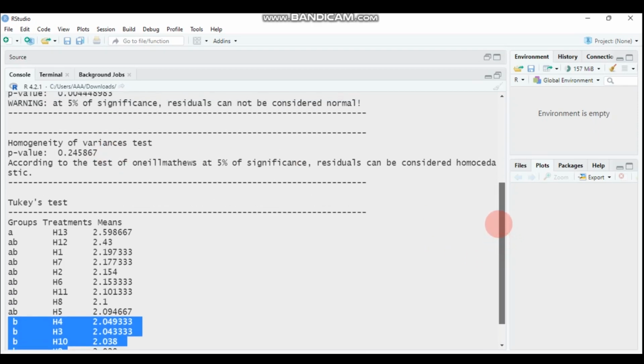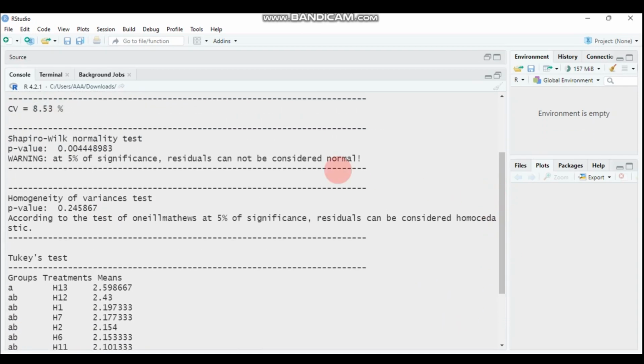Then also, the advantage of this package is that it also shows you the normality test, which is usually performed by the Shapiro-Wilk normality test, and as you can see here the p-value is 0.004, which is less than 0.05. So the test is significant. A significant test means there is a violation of normality, so we can consider that our data is not normally distributed.